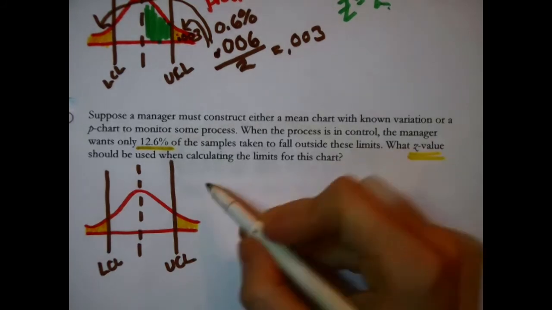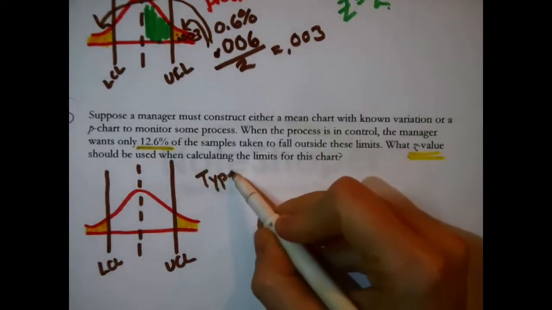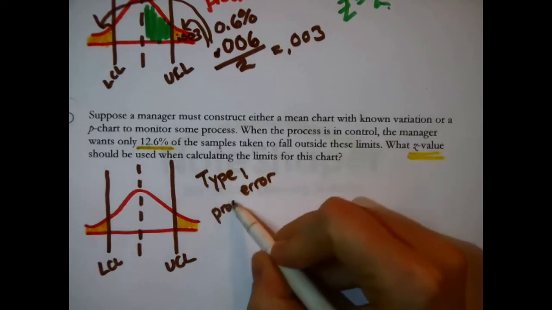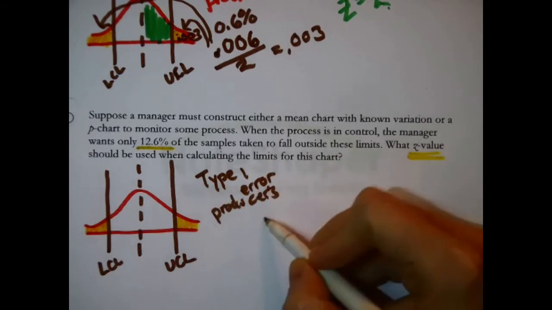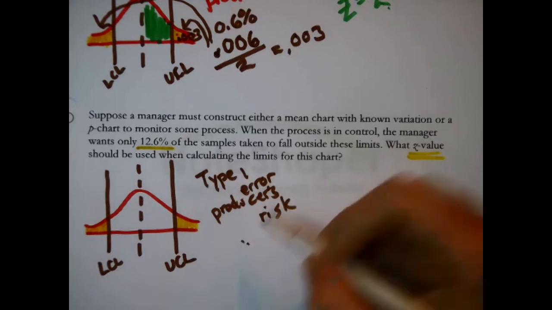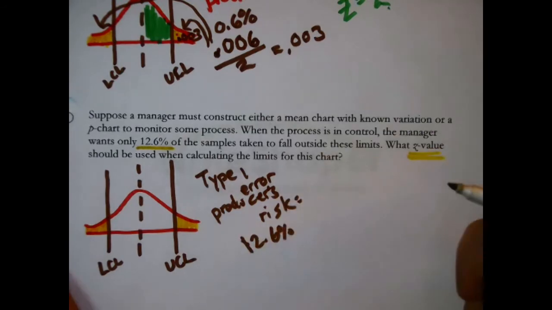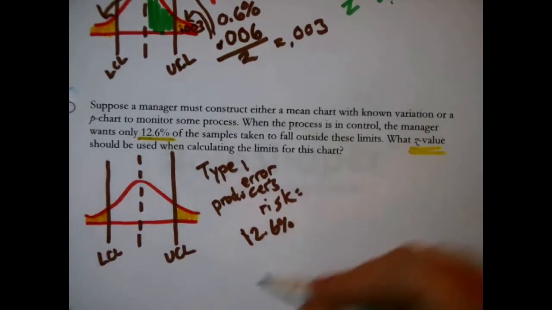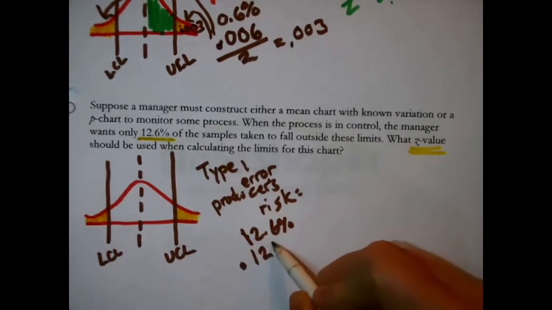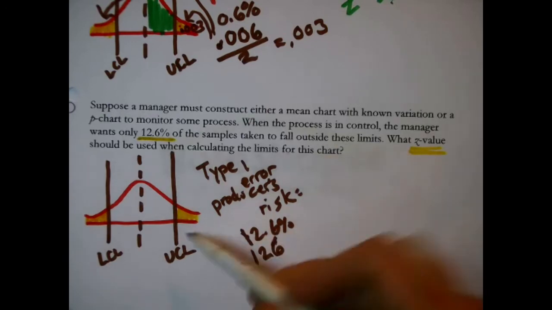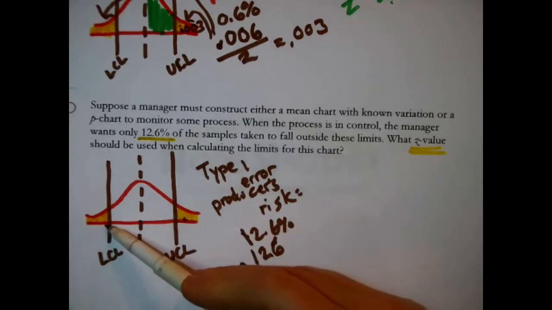The type 1 error here, the risk of it, actually you could say the producer's risk, is 12.6%. Okay, 12.6%, first off, that's 0.126 in z-table speak, changing the percent to a decimal, right? That's going to be the combined area in yellow here.